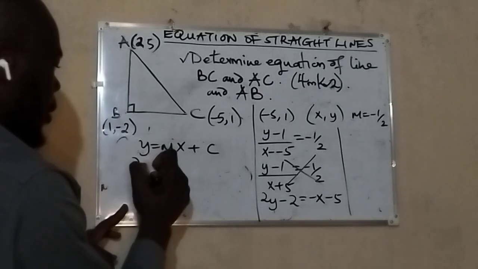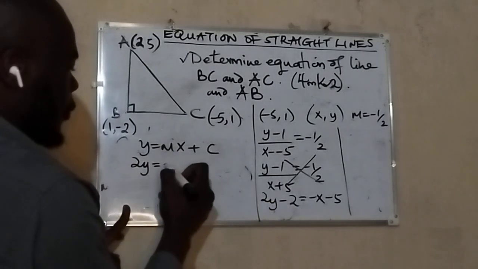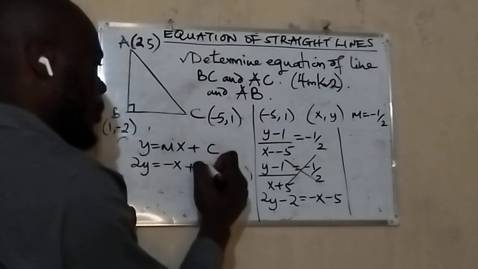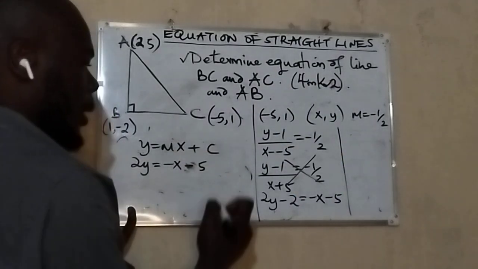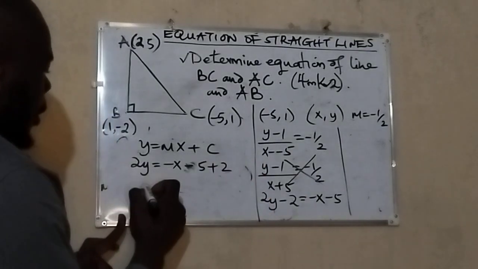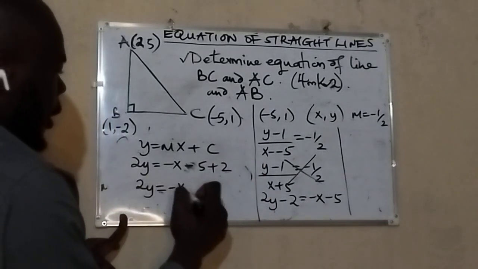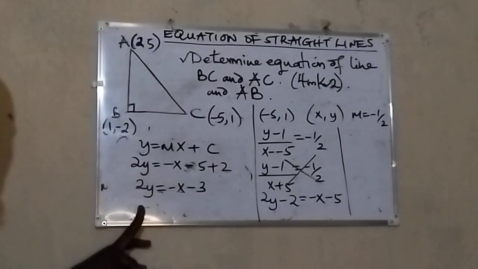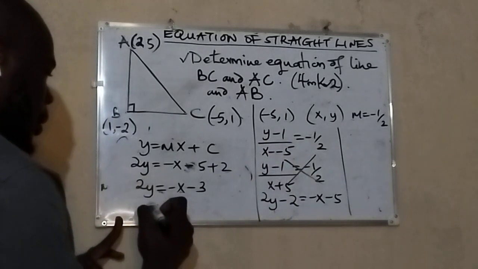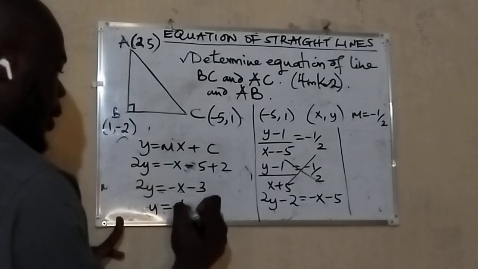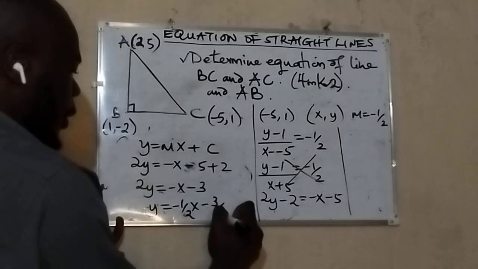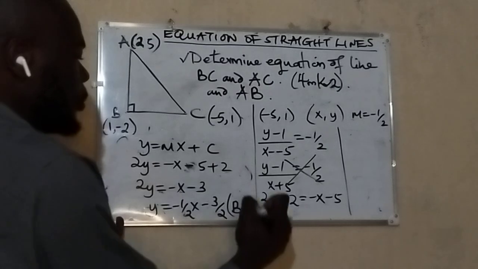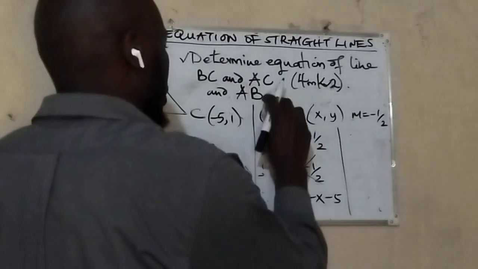So we shall have 2y is equal to -x, and -2 from the other side becomes positive, so we'll have -5 plus 2, which gets -3. So 2y is equal to -x minus 3. If you want to remain with y, divide all through by 2. So y is equal to -1/2 x minus 3 over 2. So this is the equation of line BC.